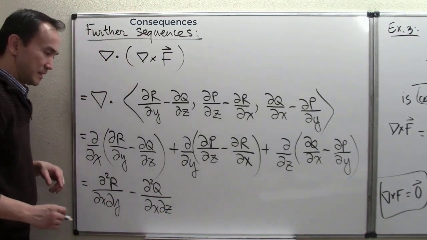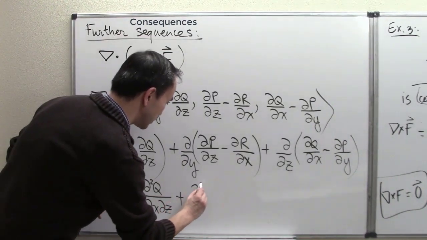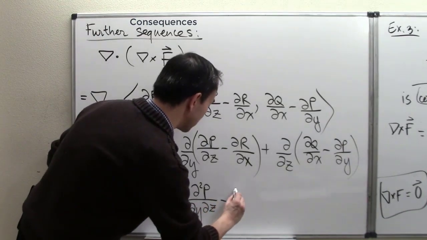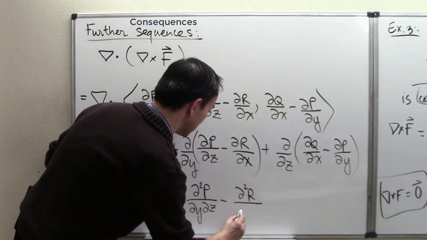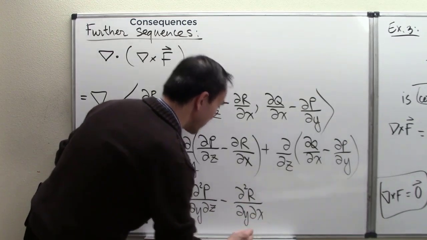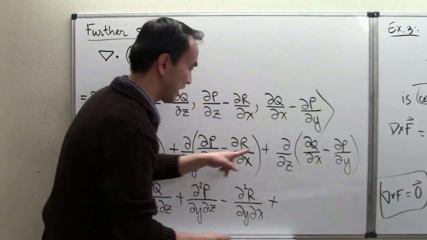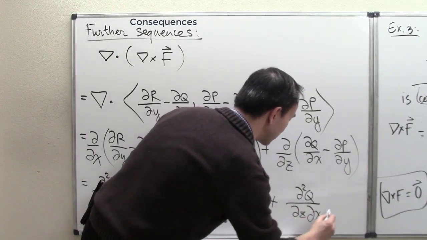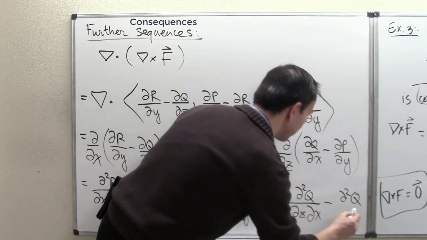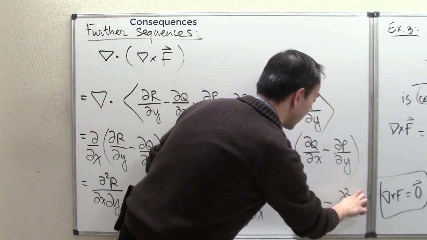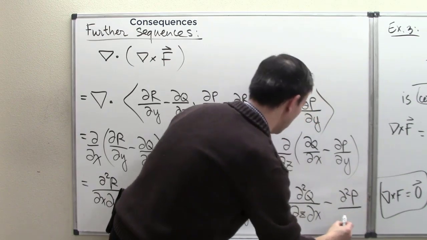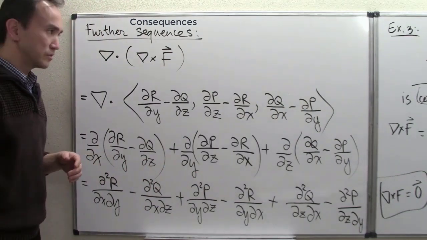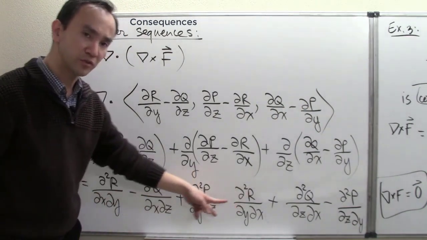All right, and then I'm going to have plus d squared P over dy dz minus d squared R over dy dx, plus d squared Q over dz dx, and minus d squared P over dz dy.